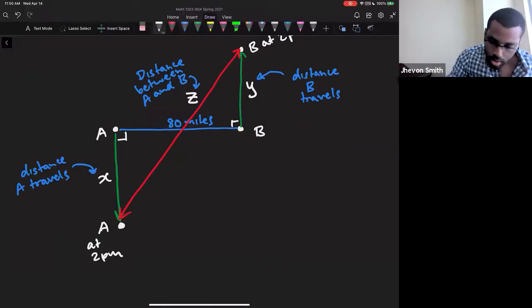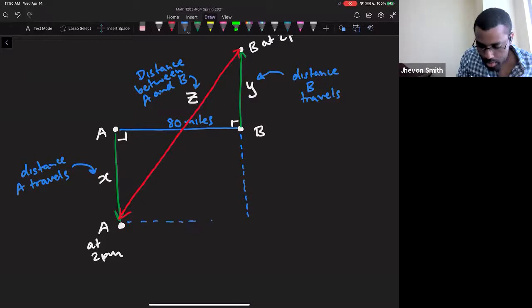So what color do I want? If I extend this vertical line down until it reaches the level of A, you'll notice that I would have created another right triangle, a very big one.